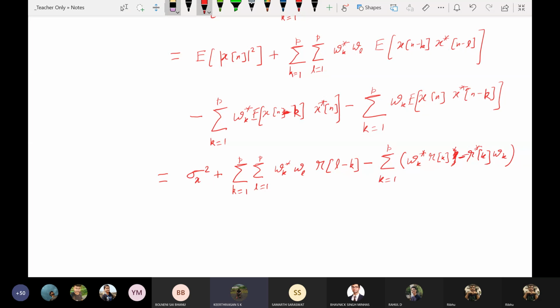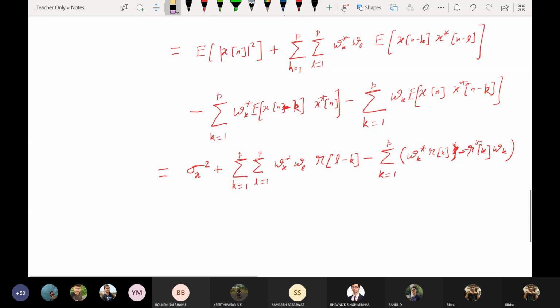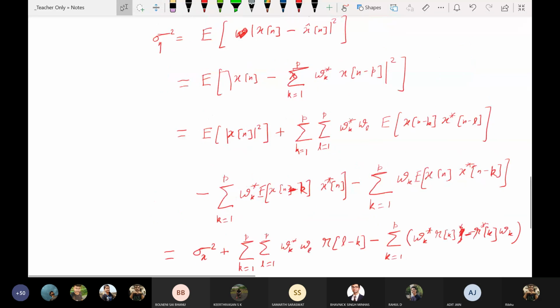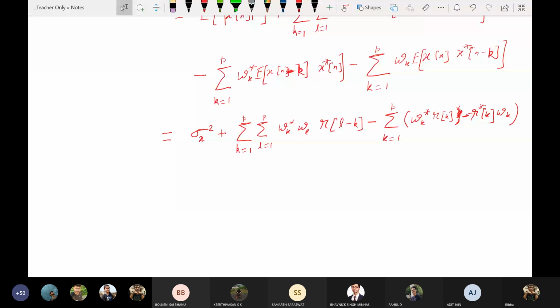Is wk a vector or scalar here? Scalars. Okay, fine, the wk's are scalars. We'll define the vector W again; we had defined the vector W yesterday. Isn't it r of minus k, wk r conjugate?